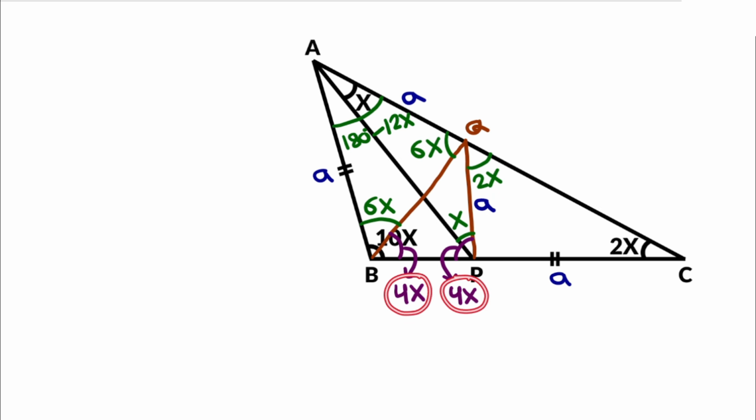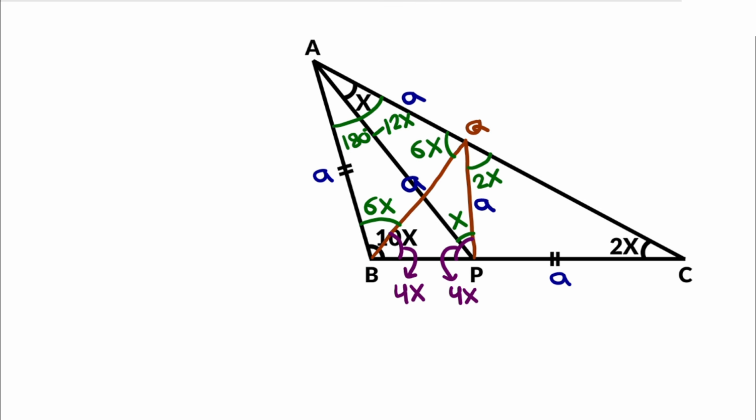Angle BPQ is also 4x. So triangle BPQ is another isosceles triangle. Therefore, BQ equals PQ. But we already proved that PQ equals A. So, BQ also equals A.